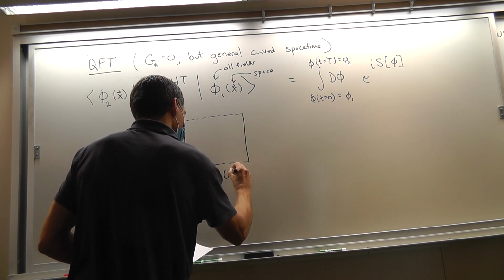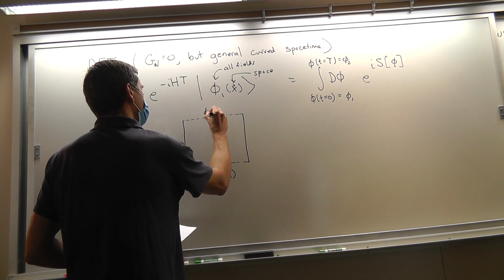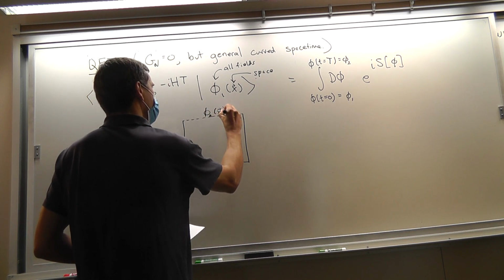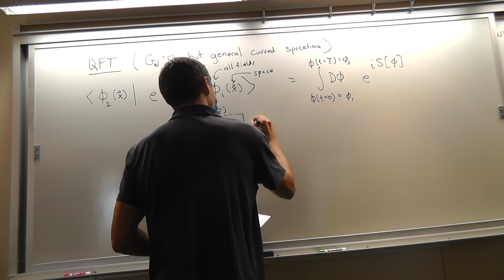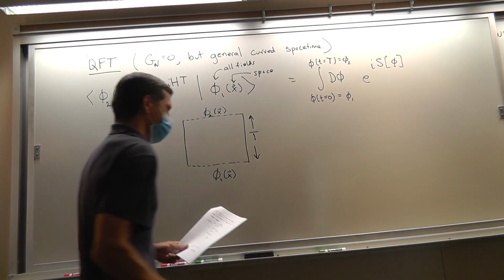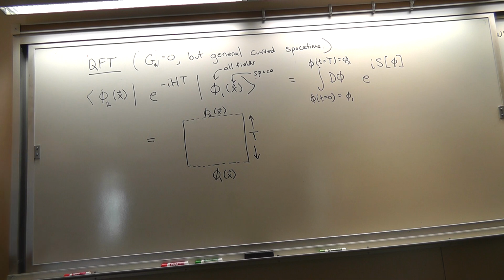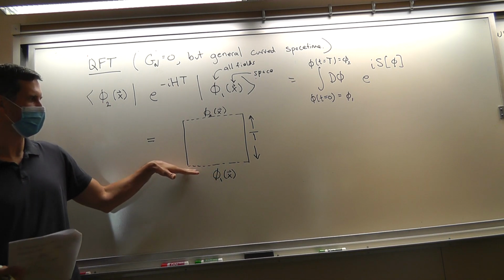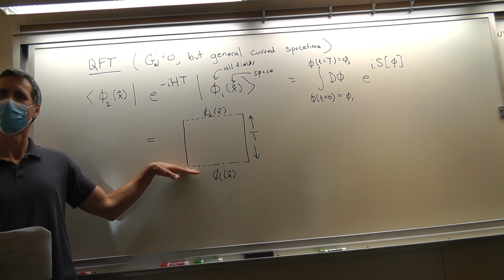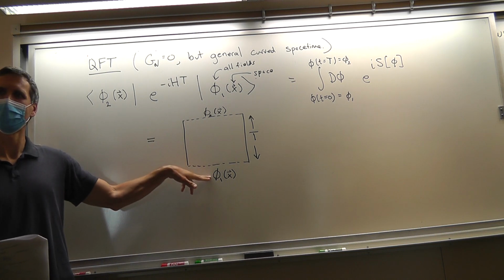So this is just a picture that represents this path integral. I've drawn a little piece of space-time here, and this picture tells us that at the bottom we impose the boundary condition phi 1.